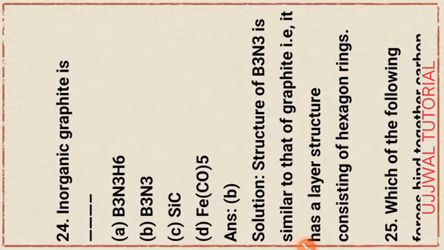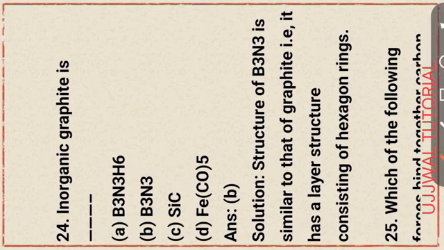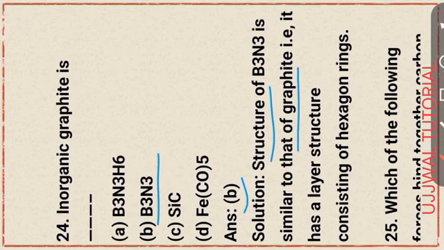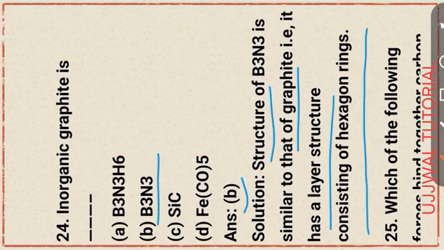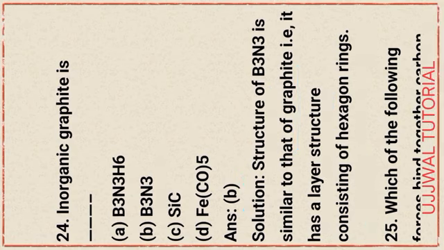Next question. It is a very important MCQ type question for competitive exams. Inorganic graphite is option B, B3N3H6. The structure of B3N3H6 is similar to that of graphite, that is, it has a layer structure consisting of hexagonal rings.